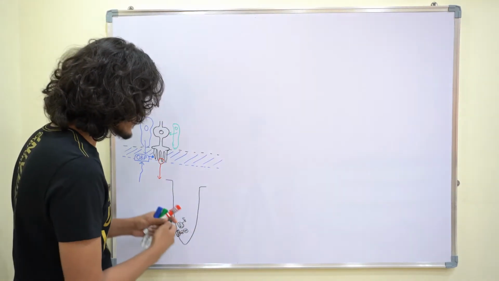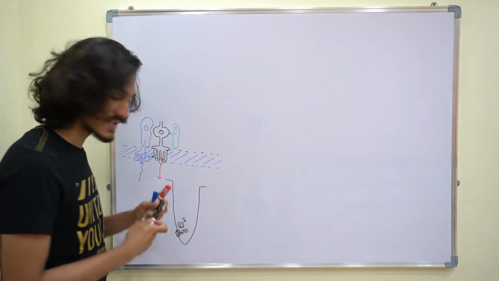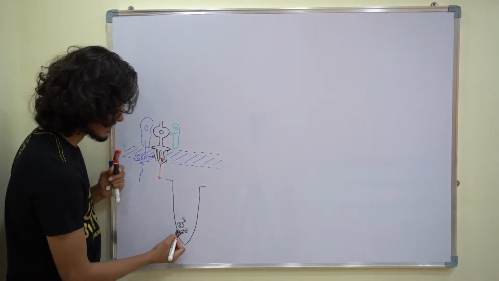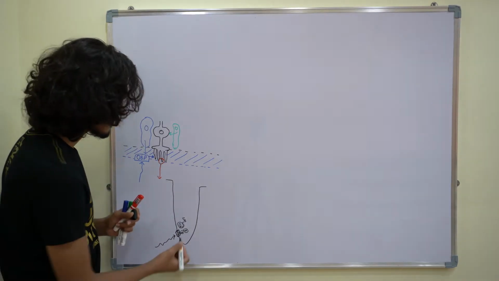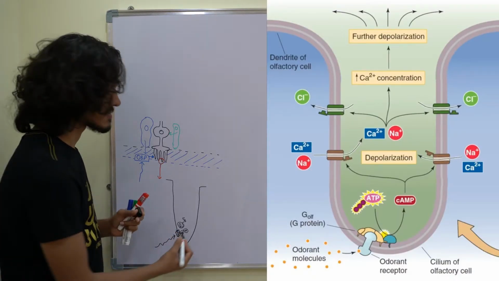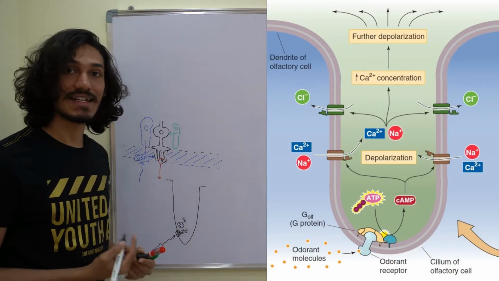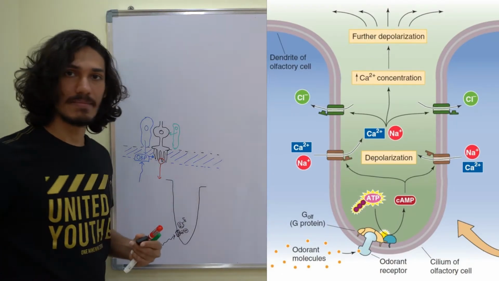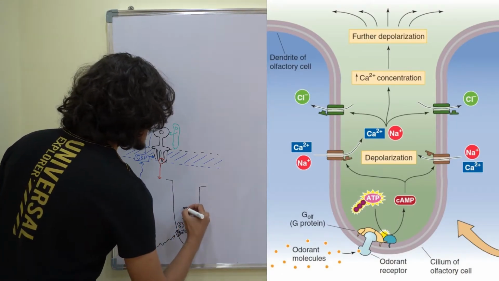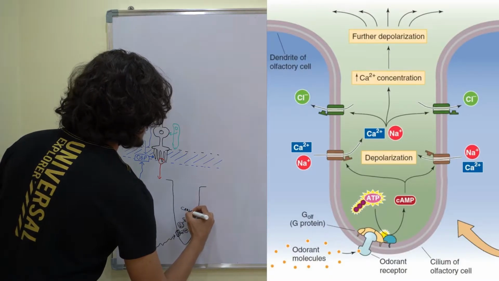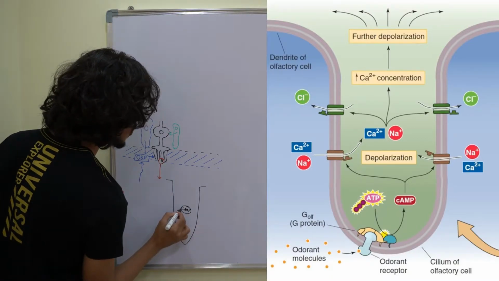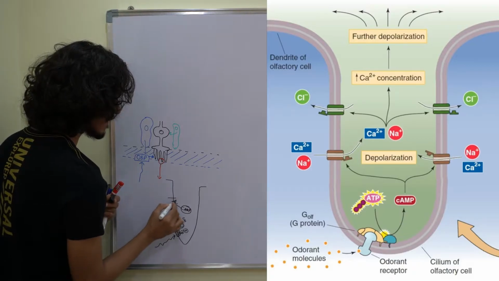Once we get the smell, it stimulates that receptor, which is the G protein coupled receptor. G alpha stimulatory is activated, adenyl cyclase is activated, cyclic AMP is activated. Finally the cyclic AMP is going to open up a channel.